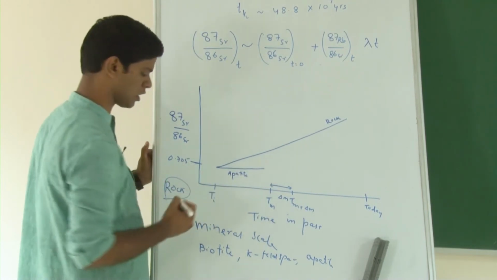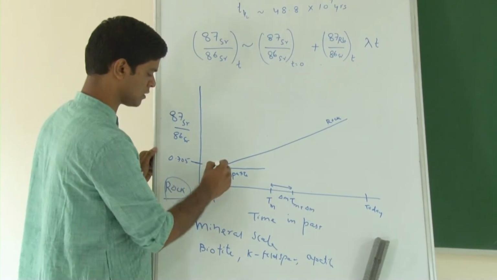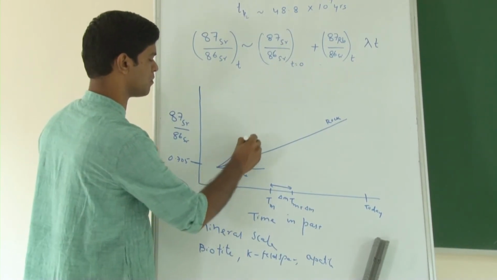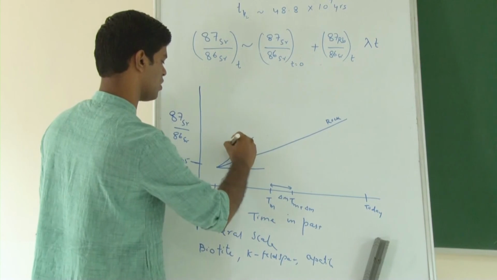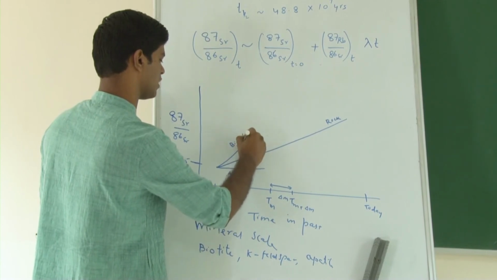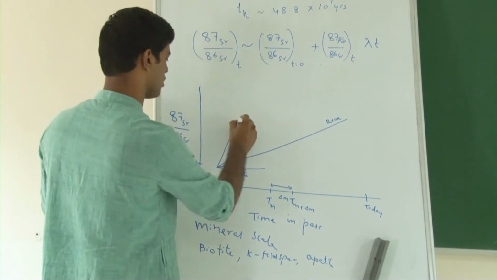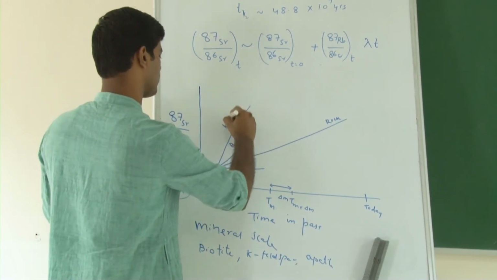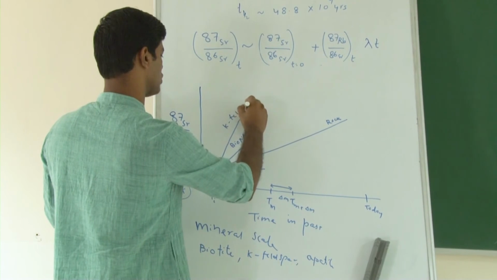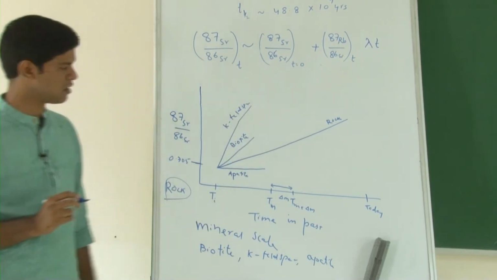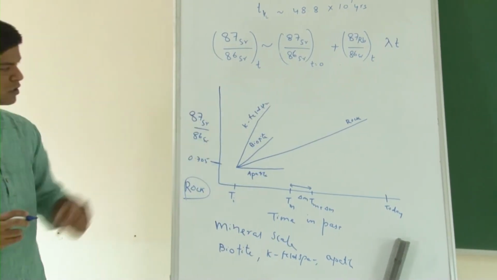If you are talking of biotite, then it will have a higher rubidium by strontium compared to the rock. So, you are likely to have evolution like this, but it will be highest for potassium feldspar, because you have the highest potassium in potassium feldspar among these minerals.